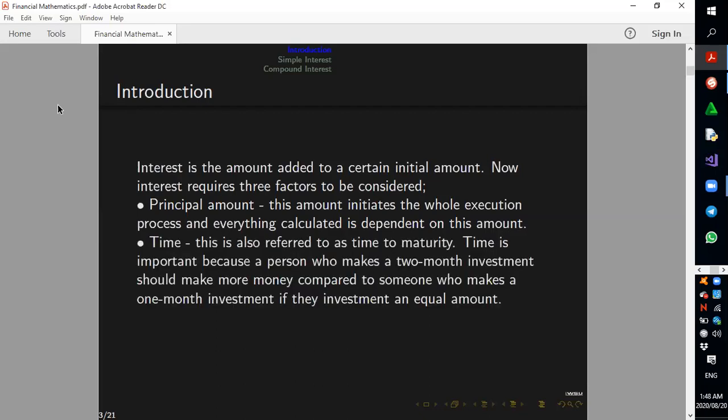Secondly, it's the time. If you and your friend decide to borrow the same amount, and your friend says, I want to return this money next year, and you say, I want to return it in 5 years' time, remember, you are the one who is going to keep the bank's money longer than your friend.